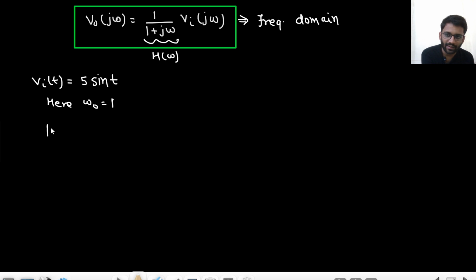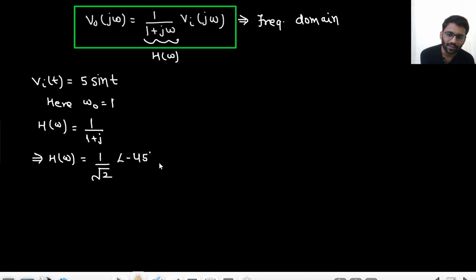So you have to find H of omega. H of omega will simply be 1 upon 1 plus j. The magnitude will be 1 by root 2. What will be the angle? The angle will be minus 45 degrees. How minus 45? It is minus tan inverse of 1 by 1. Tan inverse 1 is 45, so the angle will be minus 45 degrees.